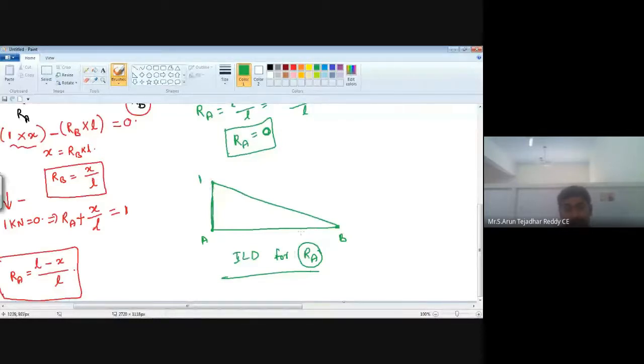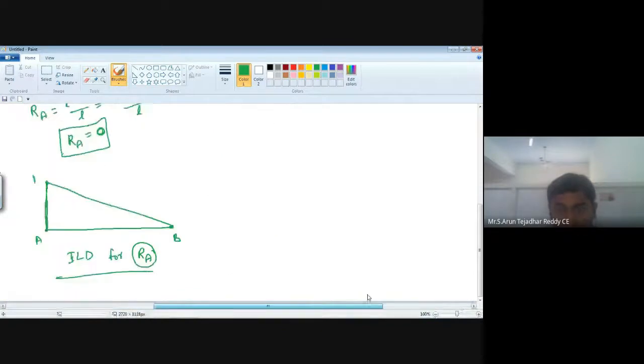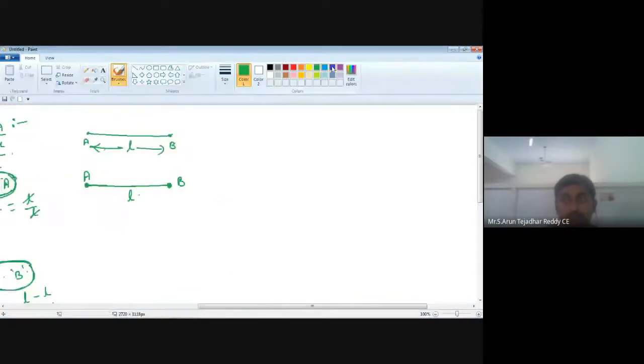Suppose if I take ILD for RB, then automatically I will get maximum intensity or maximum quantity at point B. That I'll show you here. That is ILD for RB.